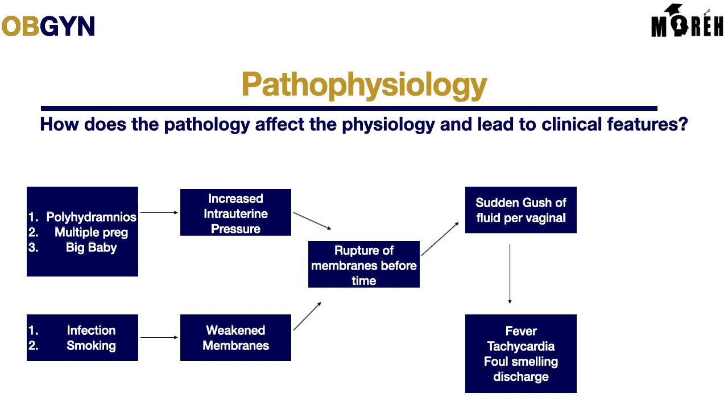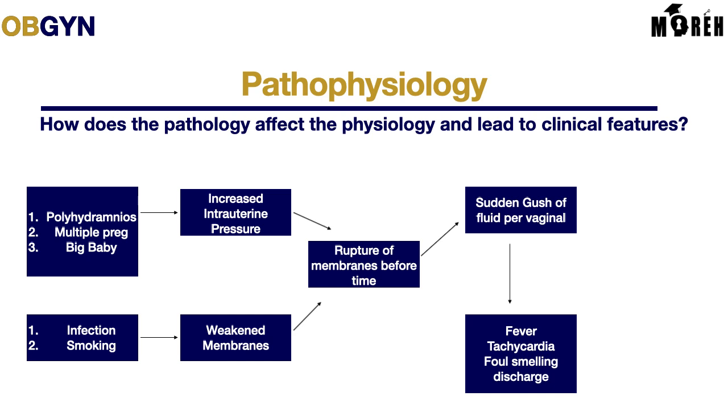So what are some of the risk factors? What are some of the things that can lead to an increased intrauterine pressure? One, if a patient has polyhydramnios, that means they have too much amniotic fluid. It means the pressure within the uterus is already high. That means any form of weakness in the membranes can lead to a rupture. There are more chances of a woman with polyhydramnios having premature rupture of membranes than a woman without polyhydramnios.